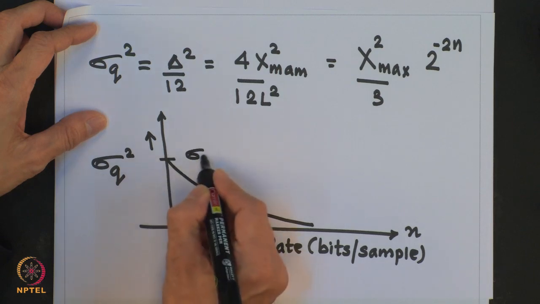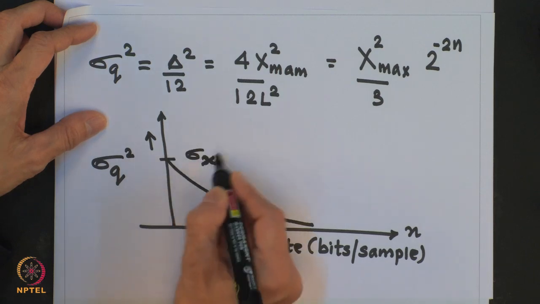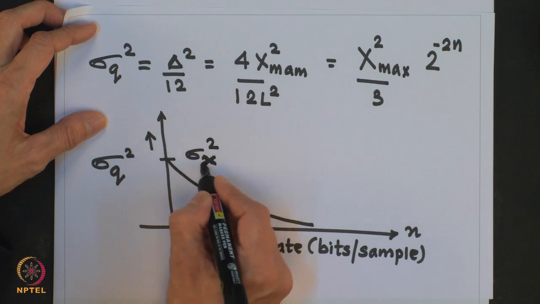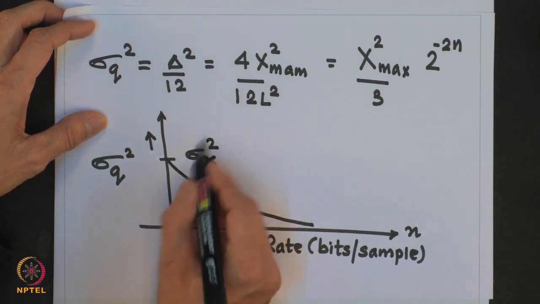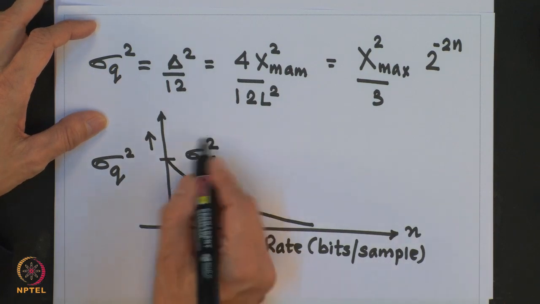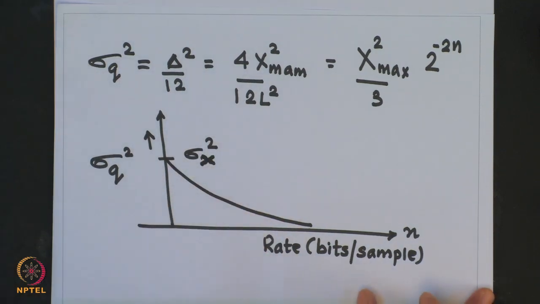This value, when n is equal to 0, will be the variance of the signal itself.